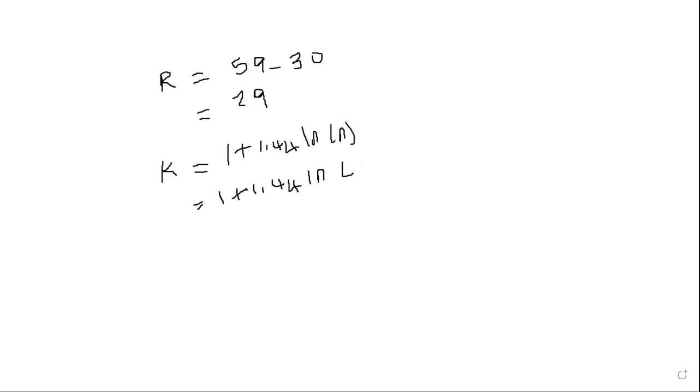Then you go to your data set. Your data set is here, right? You're going to count all the values, which is 1, 2, 3, 4, 5, 6, 7, 8, 9, 10, 11, 12, 13, 14, 15, 16, 17, 18, 19, 20. So your total number of values will be 20.